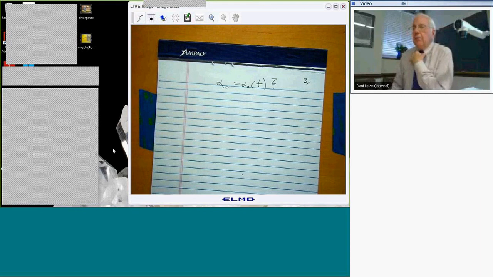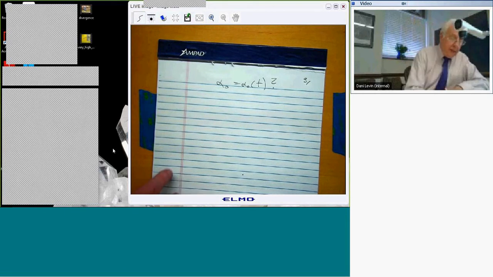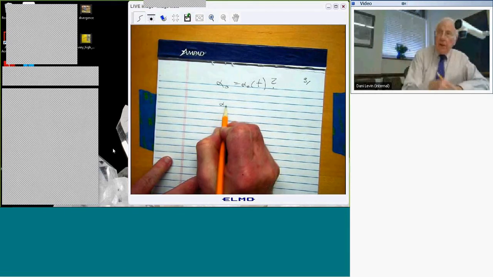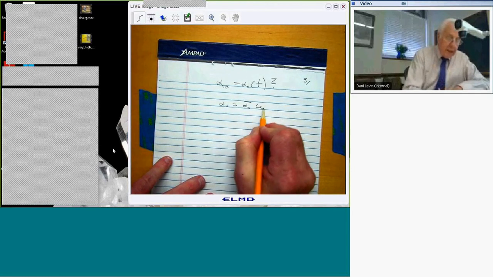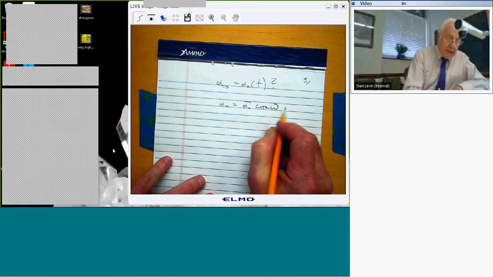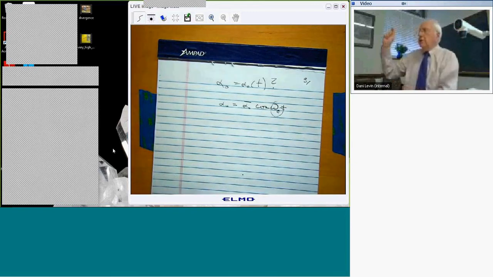Well, the case that is probably next easiest is still a special case, but it's not quite as special as alpha naught constant. If you let alpha naught be some alpha naught bar cosine omega E time, the E is for frequency of excitation. I'm exciting the system by allowing alpha naught to change with time.